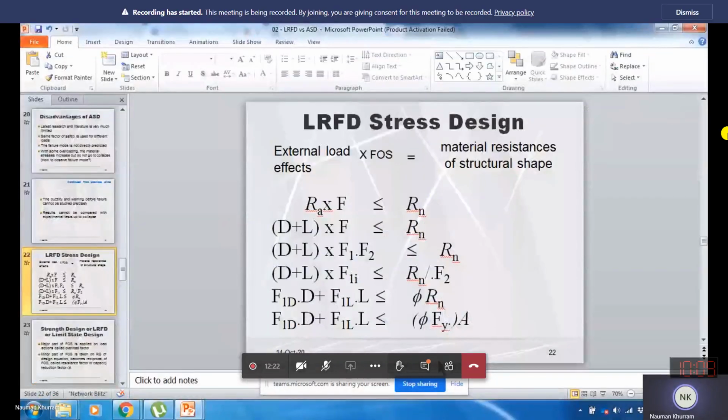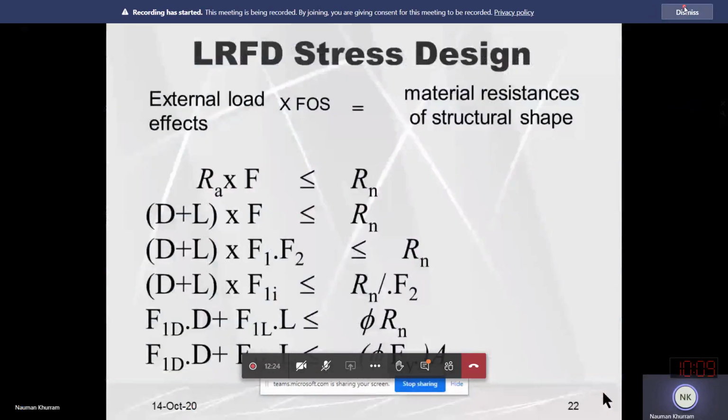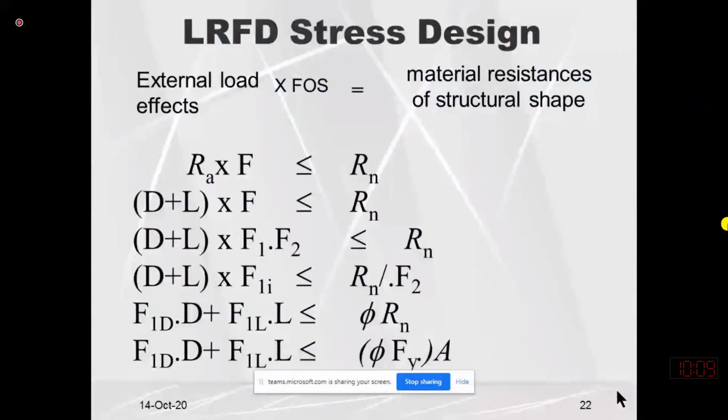Last time I explained the allowable stress design in detail. So what is the difference between ASD and LRFD? I told you that our basic design equation is the same. We apply the external load effect with a factor of safety, and then equate it with the resistance offered by a structural shape of a material.